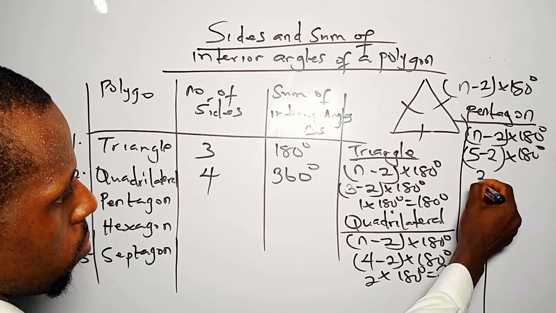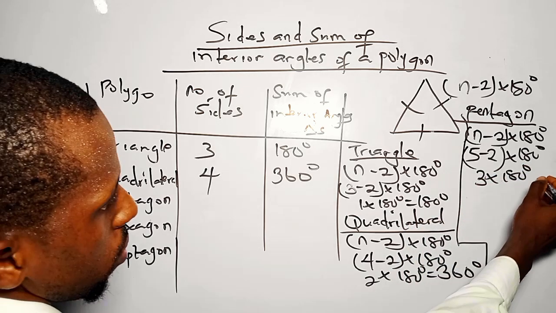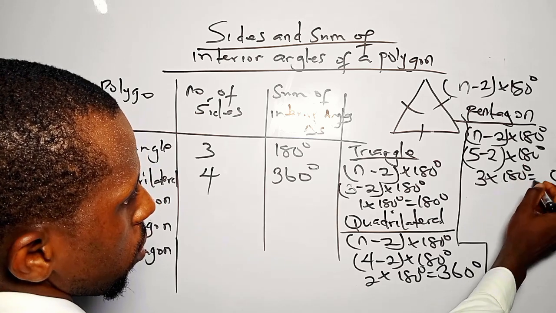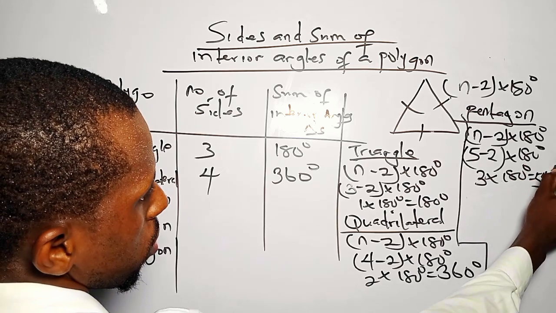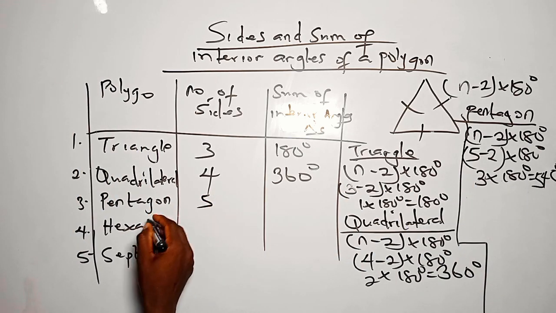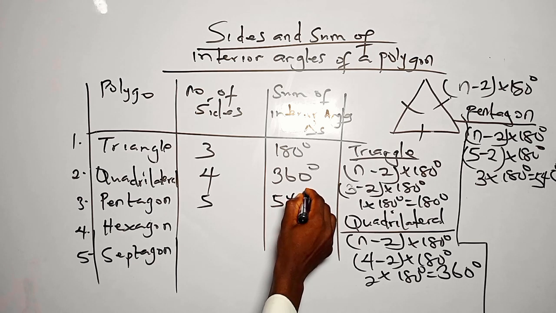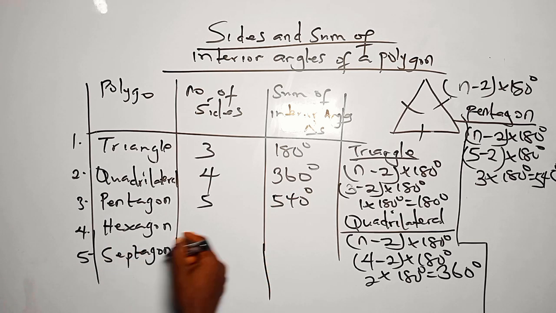So here we have 3 times 180 degrees. When we multiply this, we should have 540 degrees. So the sum of interior angles of a 5-sided shape is 540 degrees.